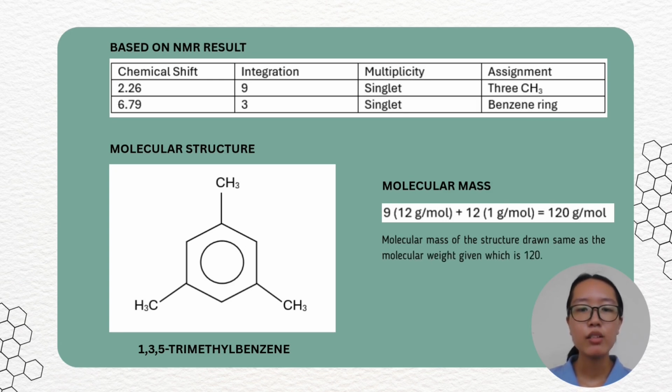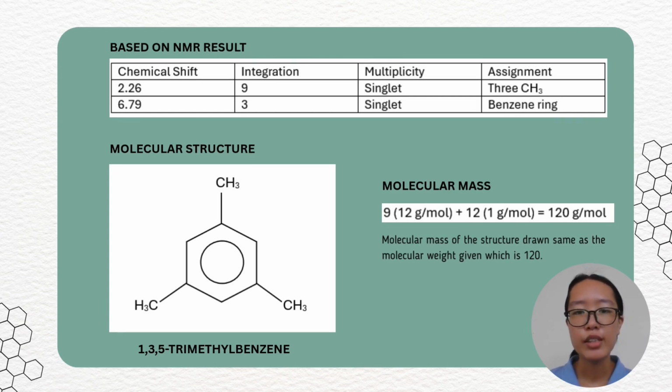Now, I will explain how to predict the molecular structure based on the NMR spectrum and also the molecular mass. So let's start with the NMR spectrum. From the result, we can see that there is a peak at 2.26 ppm with an integration of 9 and multiplicity of singlet. The peak at 2.26 ppm shows that it is the hydrogen atoms from a methyl group, where the methyl group may be close to an electronegative atom or an electron-withdrawing group.